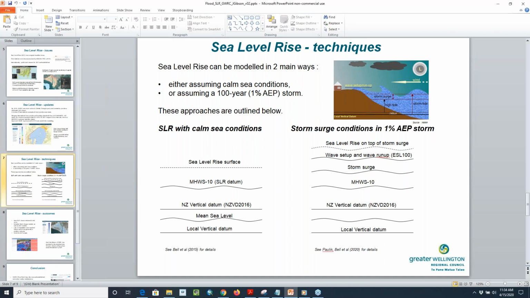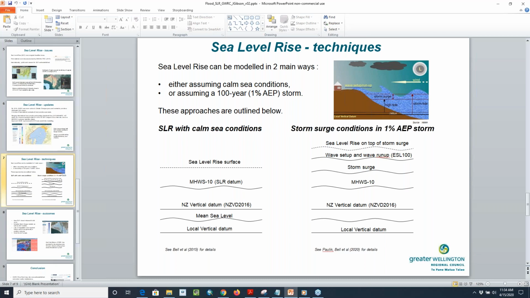This is a datum really established by NIWA in their work, both for the Parliamentary Commission in 2015 and also subsequently. Note the high spring tides vary in height around the coast, so this implies a variable offset from the established topographic DEMs. What I did in this case, I used NIWA data available from their reports to create an interpolated surface of offset values to convert the topographic DEM to a DEM using the Mean High Water Springs 10 datum. And from there, it was only necessary to add constant factors for sea level rise.